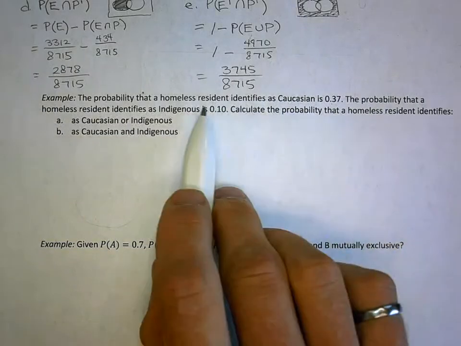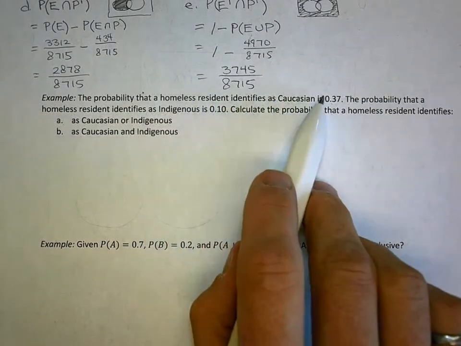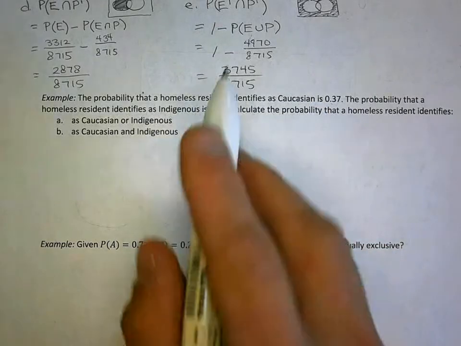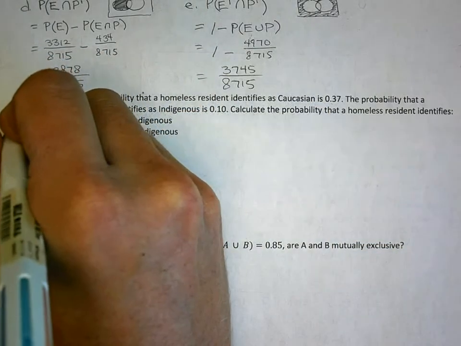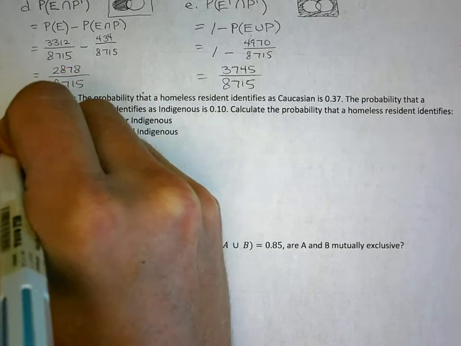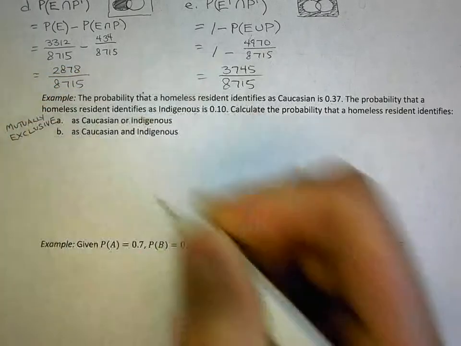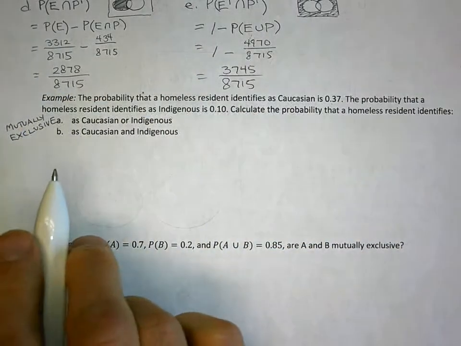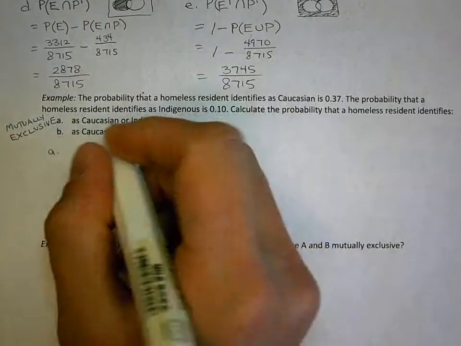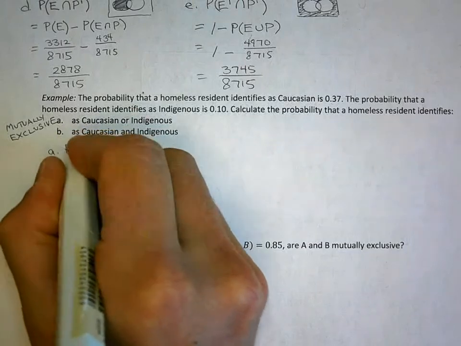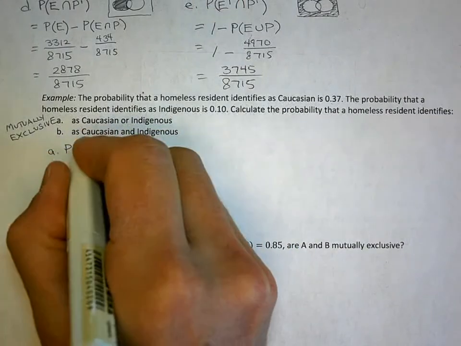Is this mutually exclusive or not? Well, a homeless resident can probably only identify as one or the other, Caucasian or Indigenous. So this is mutually exclusive. You can't be both, or at least in a survey that's being asked, you probably can't be both. Of course, life isn't usually that cut and dry, but we're assuming in this survey you can only be one or the other.